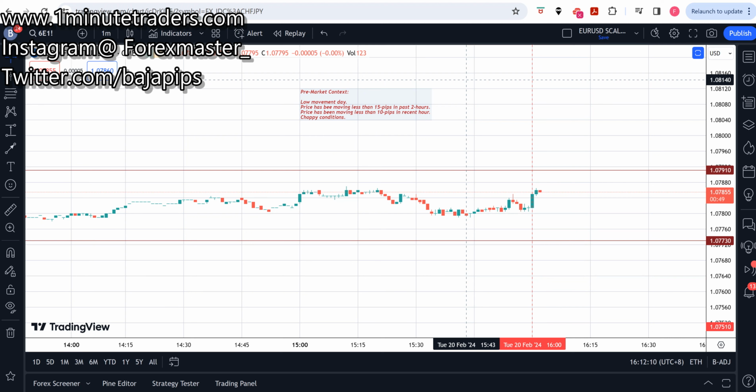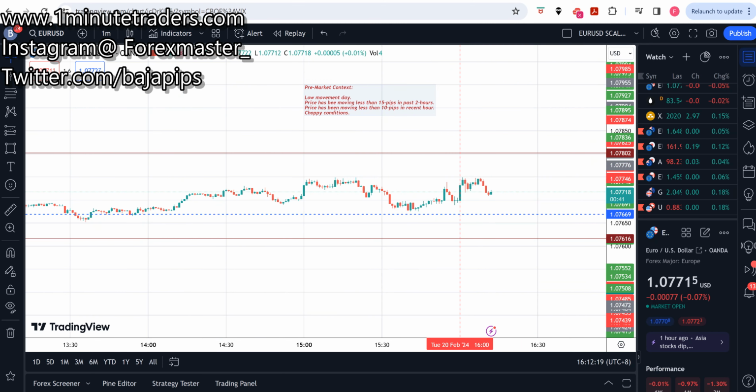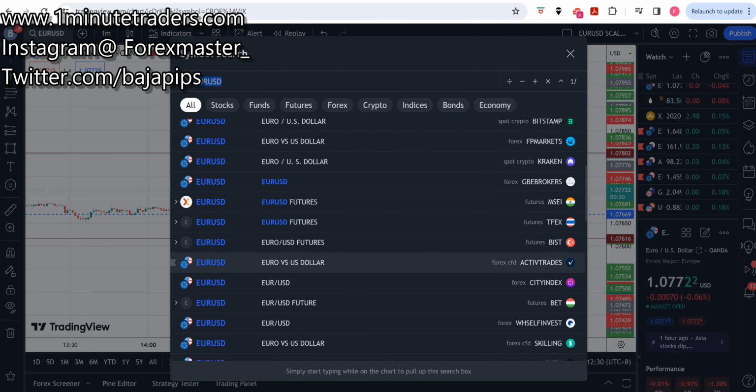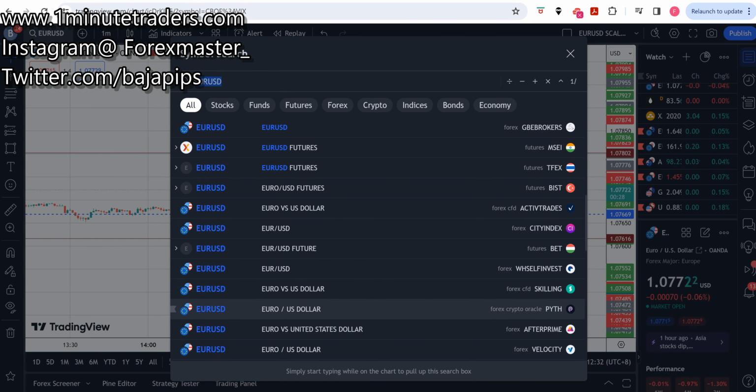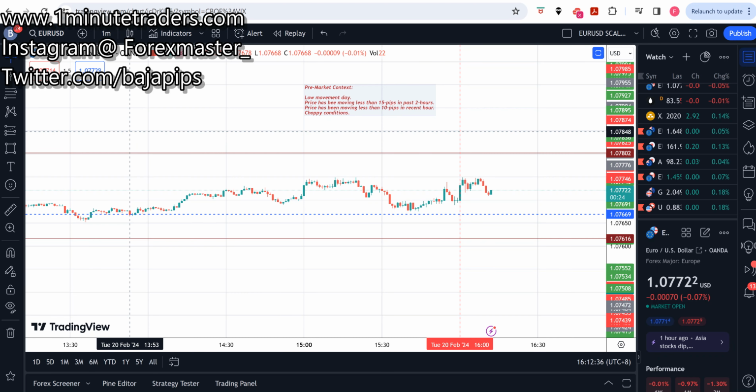We're using one exchange, the Chicago Mercantile Exchange, CME Group. See right here. And we're using different brokers. Euro dollar has a lot of different liquidity providers, so I have to just use the best one I can find for Forex.